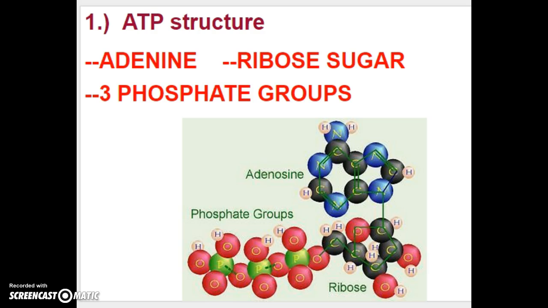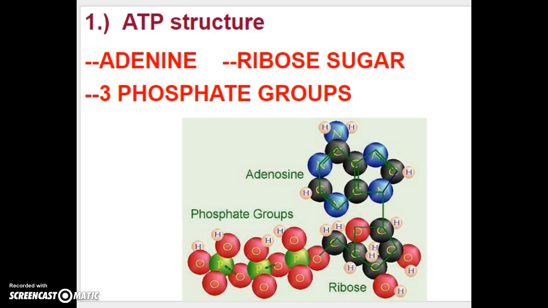So an ATP molecule looks like what we have here in the diagram. We have an adenosine or adenine group that contains nitrogen and carbon and hydrogen. And that is attached to a special type of sugar called a ribose sugar.